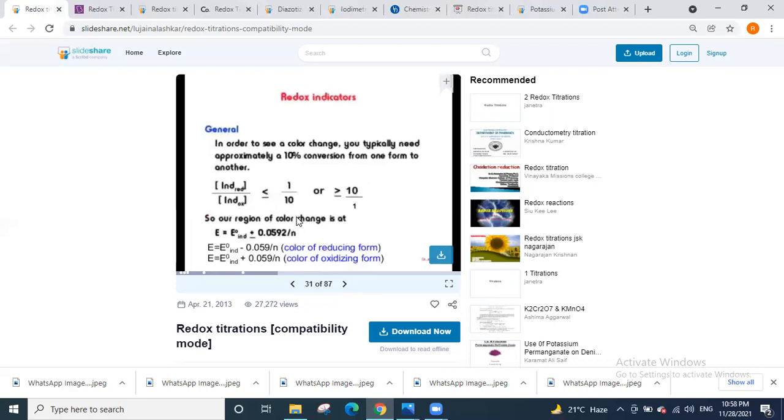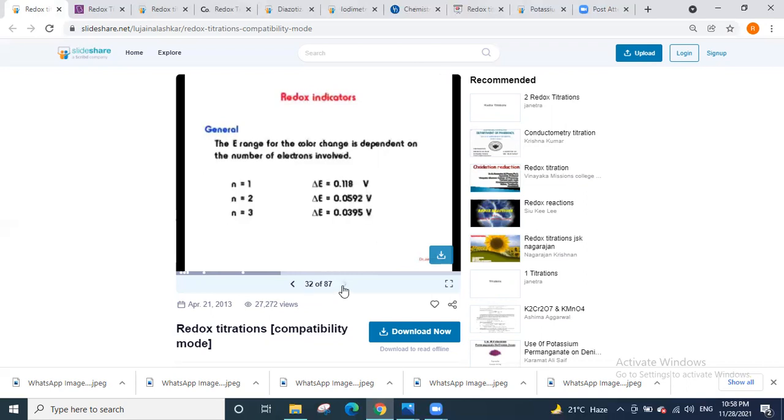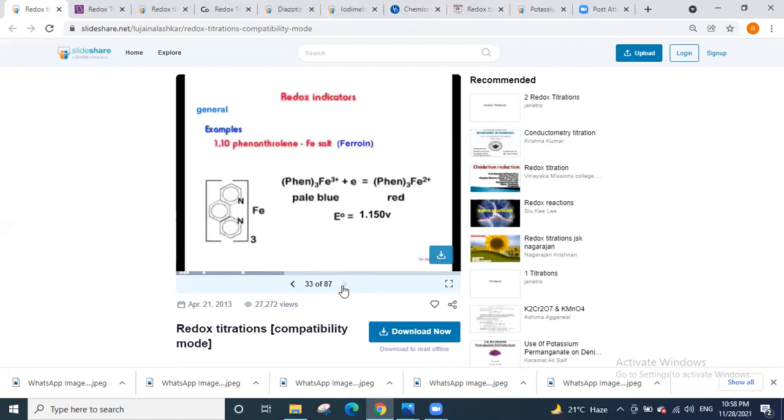At about a 1:10 concentration ratio of oxidized and reduced forms, it shows a color change. These internal indicators have the ability to oxidize and reduce and have a distinguished color in both forms.